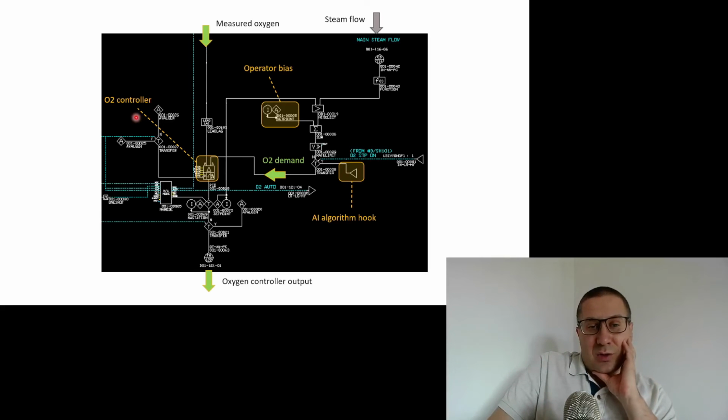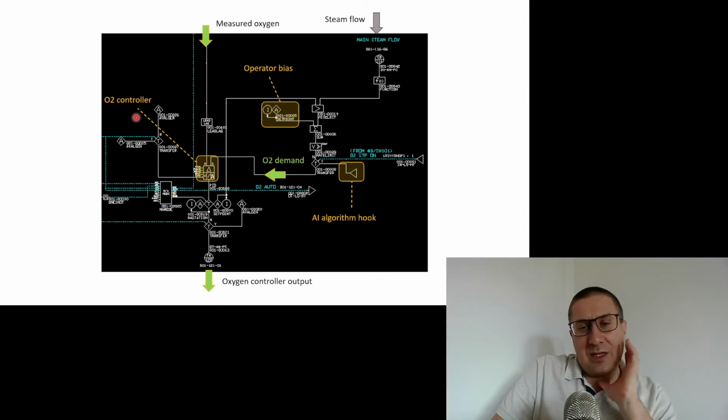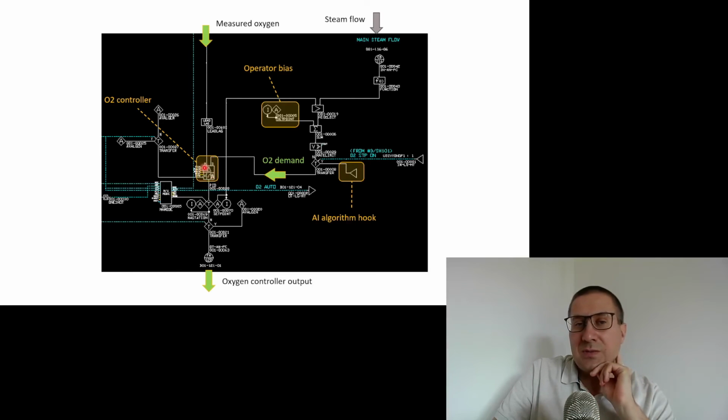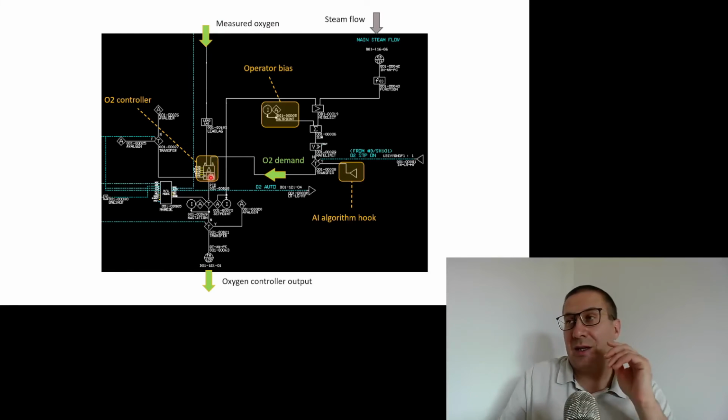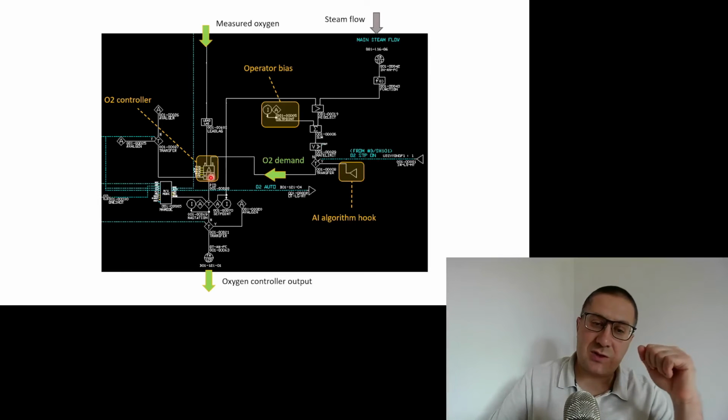In order to do so, we need to understand how the air is passed to the combustion chamber. First of all, we have the first control sheet, where we see that there is a controller. This is the oxygen controller. It compares the measured oxygen in the combustion chamber with the demand level of oxygen, and if there is not enough oxygen, it increases the control signal.